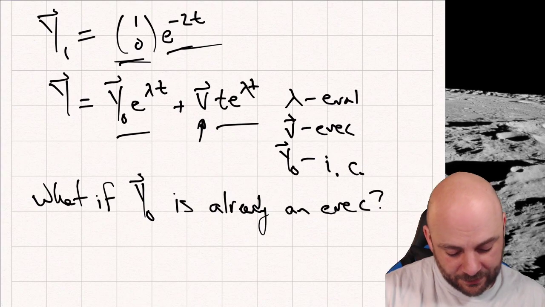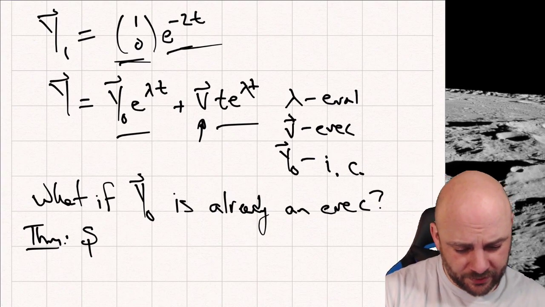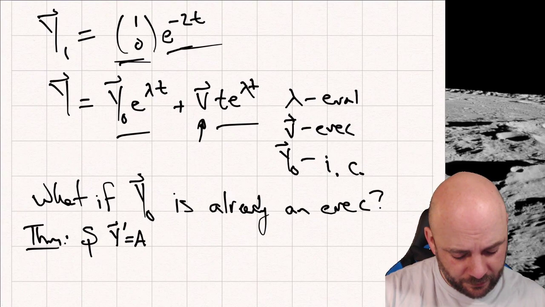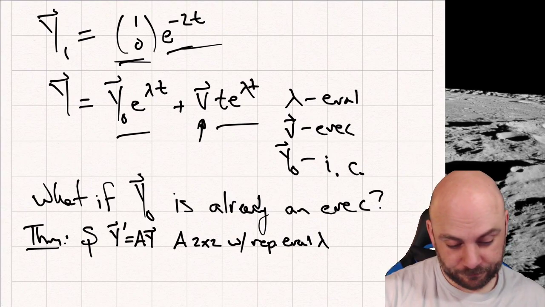But what that would mean, we can put this into a theorem. This is in the book, but I'm just writing it to bring our attention to it, okay? So suppose we've got a linear system of differential equations where A is 2 by 2 with repeated eigenvalue lambda.